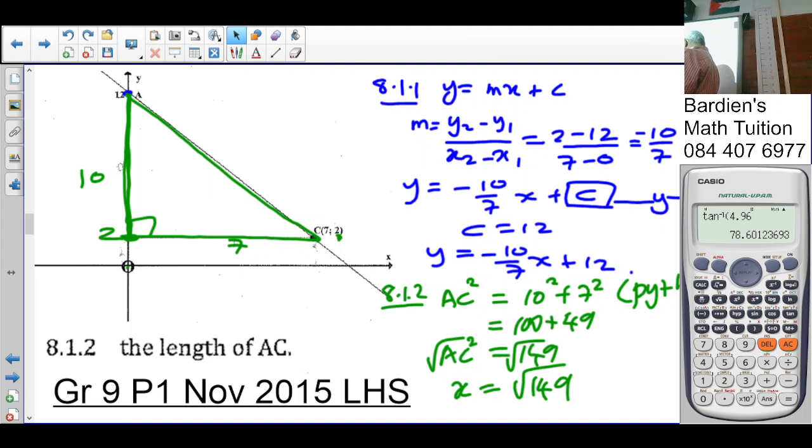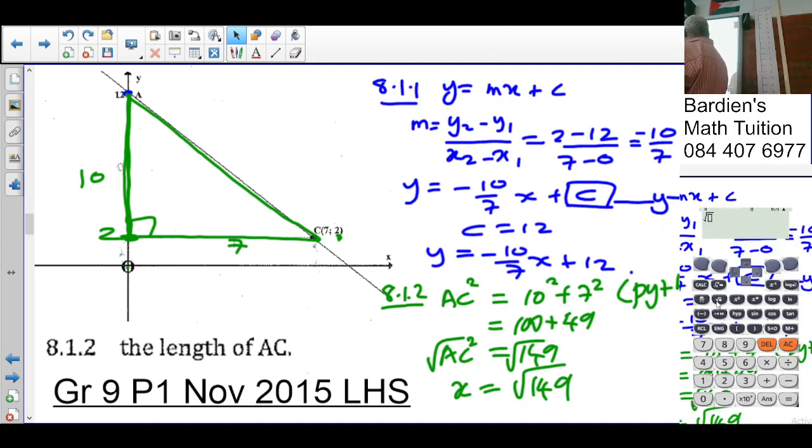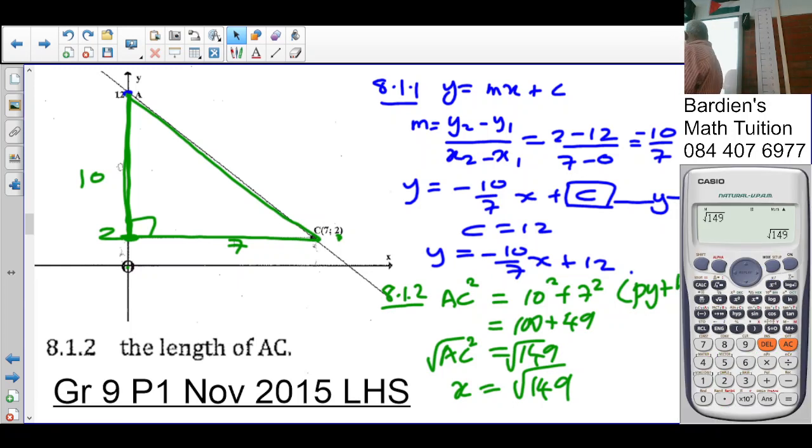You can leave it in surd form, or you can press the calculator for the decimal. Okay, you guys understand? And if we put the square root of 149 in the calculator and press the decimal button, then you just write 12,21. Yeah, absolutely.